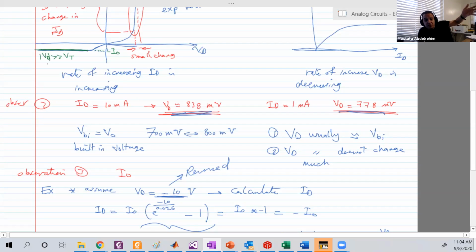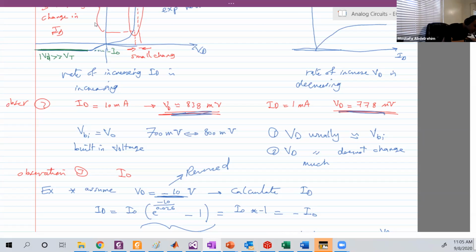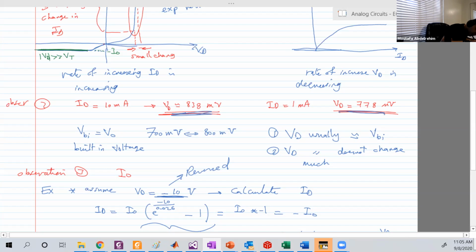So usually the calculator will give you just 0, so I_D will be equal to minus I naught. But if V_D is not that large, you will have this part in here, which is also non-linear but also very small, because basically all these values are less than I naught in magnitude.